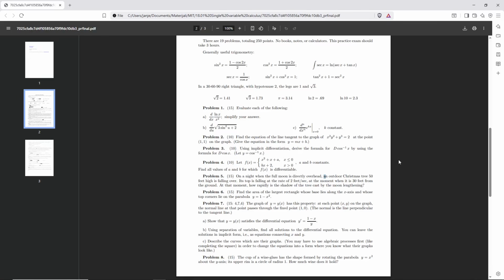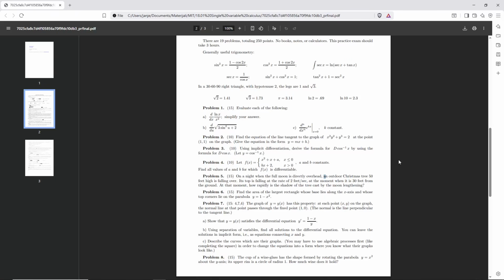In problem 4, we are going to examine the requirements for differentiability of a function, which includes the continuity of a function. In problem 5, we have applied differentiation. We're going to read the problem carefully, then draw a figure that describes the problem, and then solve this.